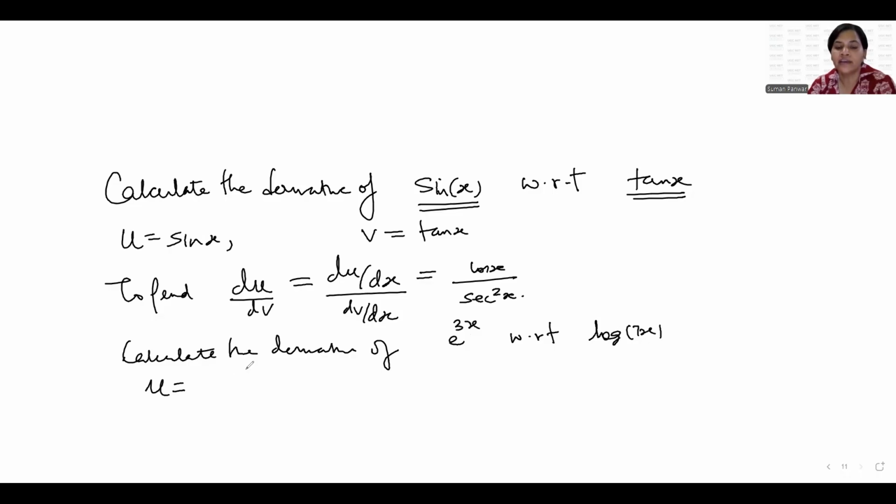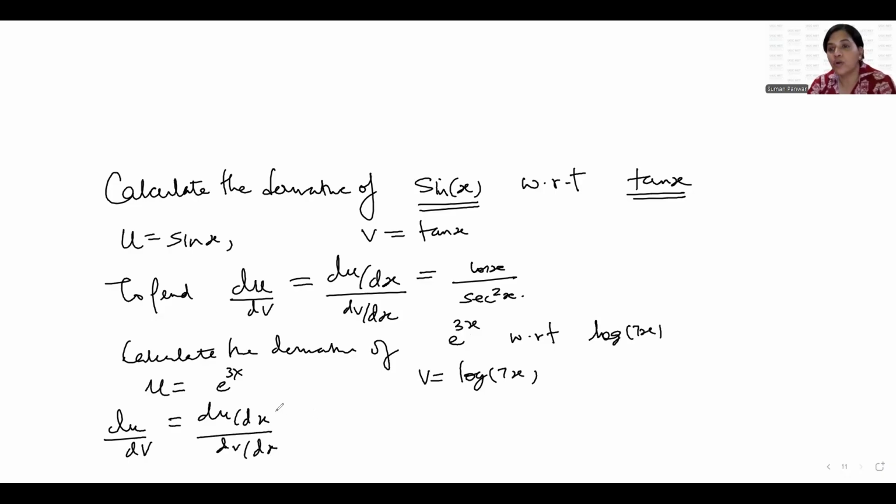Similarly, if you have to calculate the derivative of e power 3x with respect to log 7x, again, u equals e power 3x, v equals log 7x. You have to find du by dv, which is du by dx divided by dv by dx. What is the derivative of e power 3x? E power 3x into the derivative of 3x, that is chain rule, which is 3.